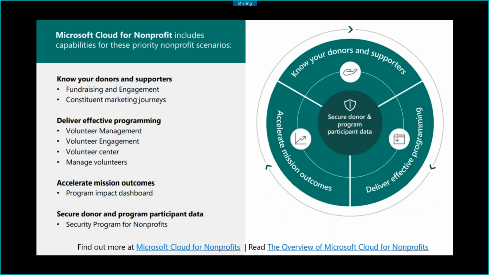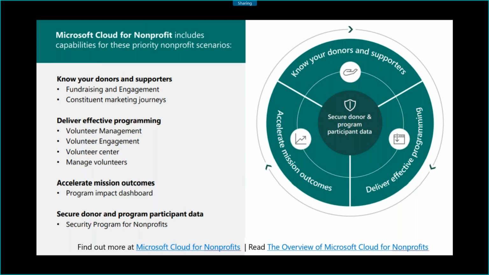Robert's also mentioned how we are building industry-specific capabilities on top of the existing Microsoft technology products. So this is known as our Microsoft Cloud for Nonprofit. Again, this came in late last year, and it brings together all of our capabilities at Microsoft and provides solutions to help yourselves and charities in general know your donors and supporters, deliver effective programming and accelerate mission outcomes.